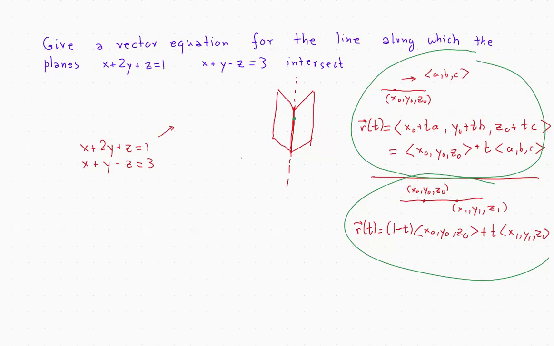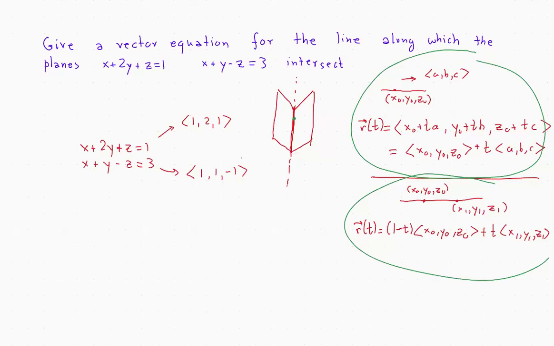I look at the coefficients of x, y, and z, and this has a normal vector, meaning perpendicular vector, 1, 1, negative 1. Since these two vectors are not parallel, and you can tell that they're not parallel because one is not a scalar multiple of the other, then the two planes cannot be parallel either.